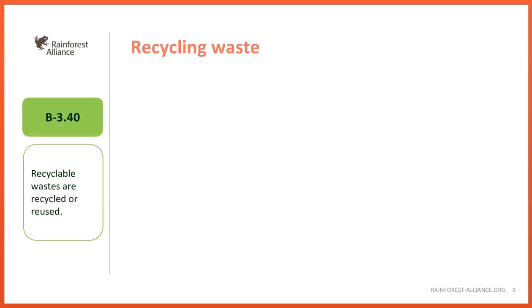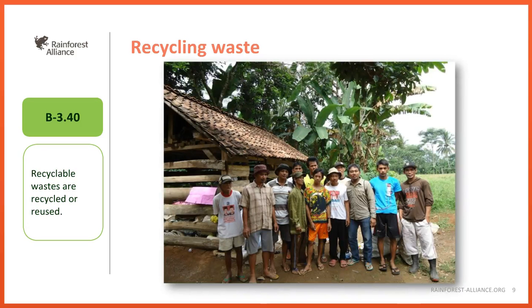If there is a recycling system in your area, plastics, metals, glasses, and papers can be sent for recycling. Let us see this inspiring example from a smallholder coffee group in Sumatra, Indonesia. This group collects the waste from the members and sells it to the recycling company and created a great system of a bank for waste.